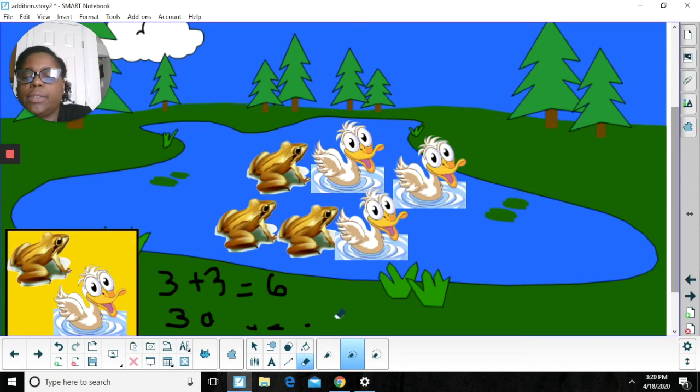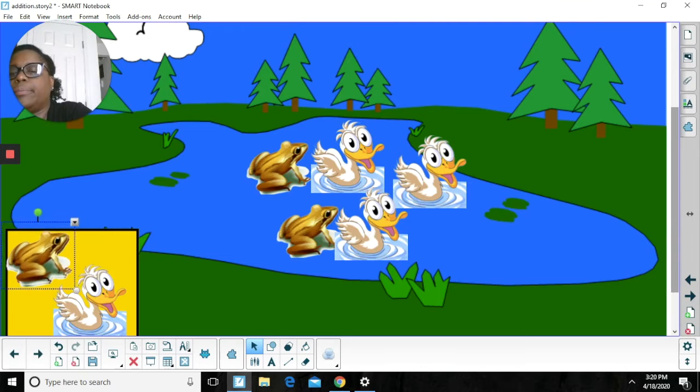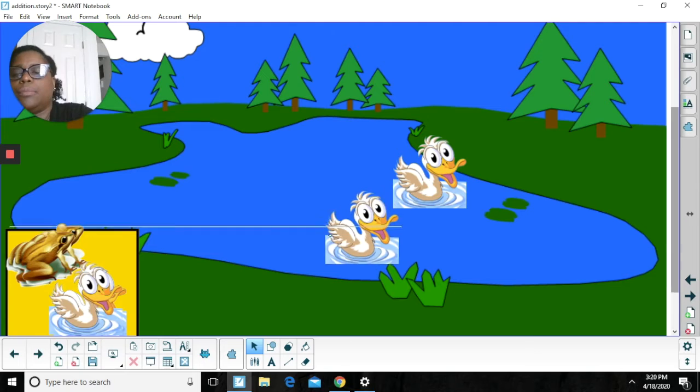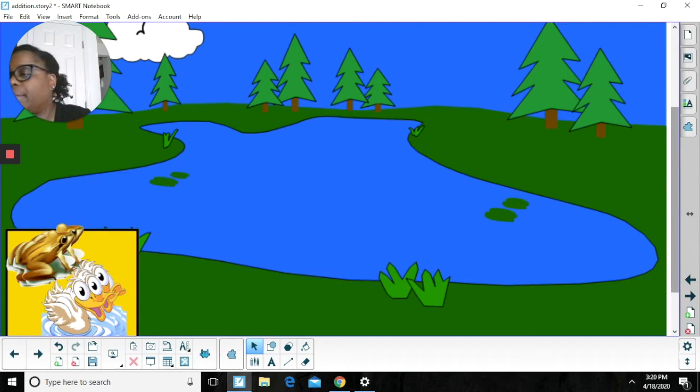So let's erase. Let's get a bigger eraser. We're going to move this frog back. So our next problem is going to be, I'm going to say the addition sentence this time.